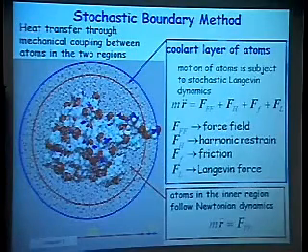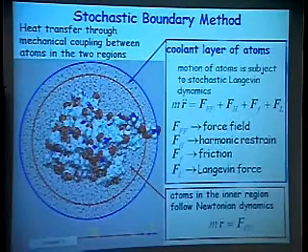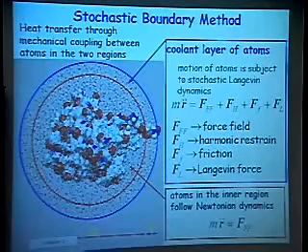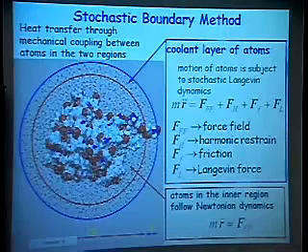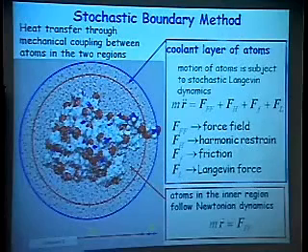One of these is a so-called harmonic restraint force. You want to make sure that the atoms will not leave this boundary region. So you really want to force them to stay there. Once they are assigned to be a boundary layer atom, you want to keep them there. But you don't want to tie them down. You want to give them a little bit of freedom to move, and that can be done by attaching them to a harmonic spring.